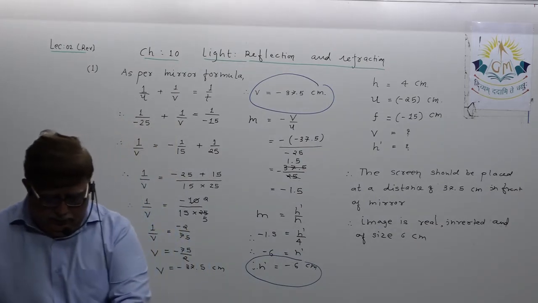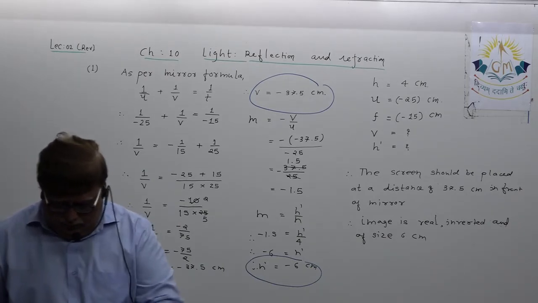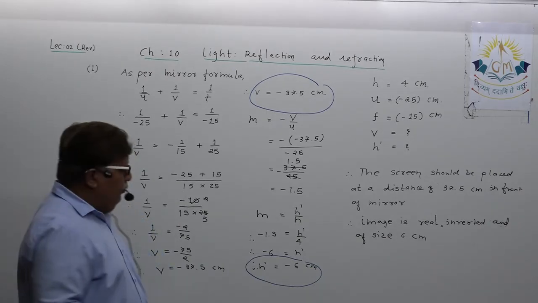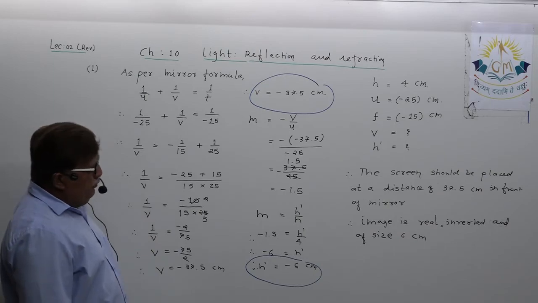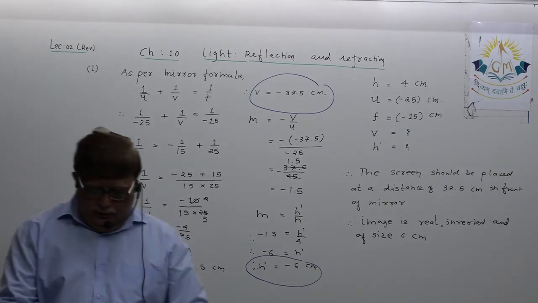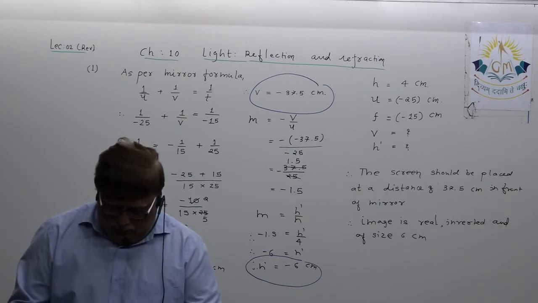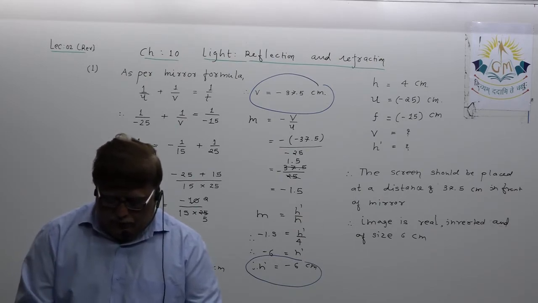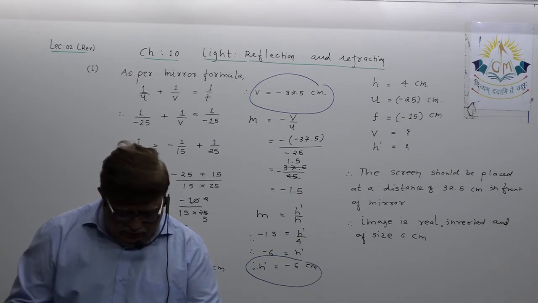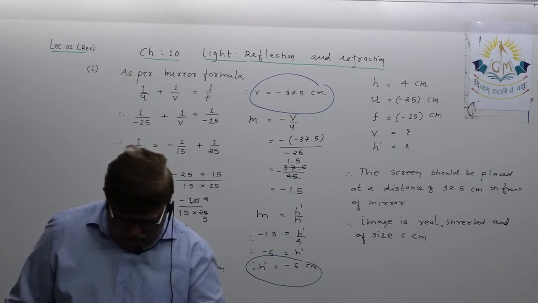Okay, one another sum also we want to target. First we just have a look at this, then we are going to target the second sum from the PDF. You just check it, that is also regarding concave mirror only.